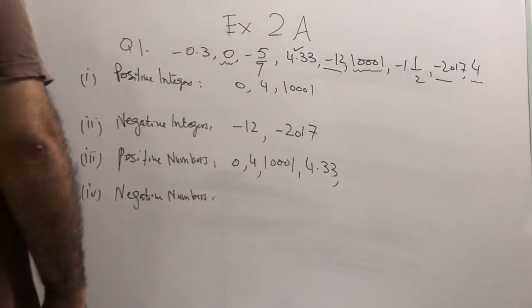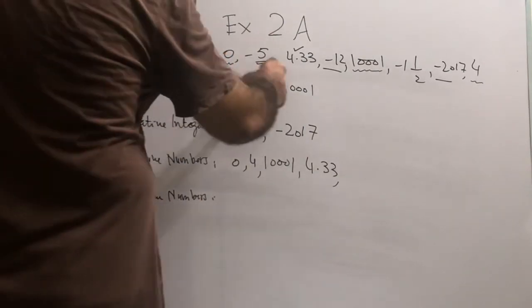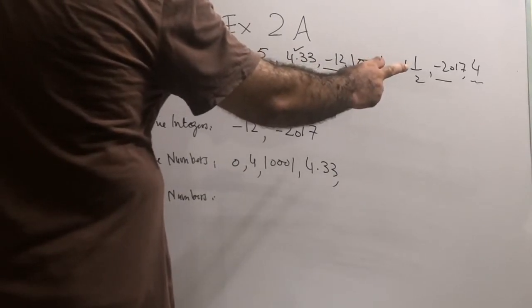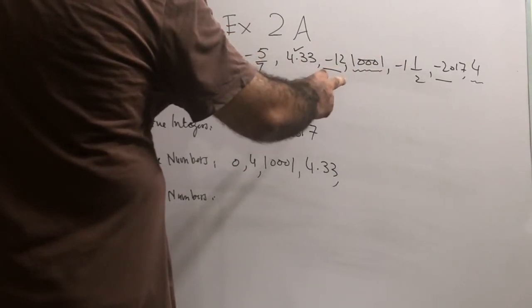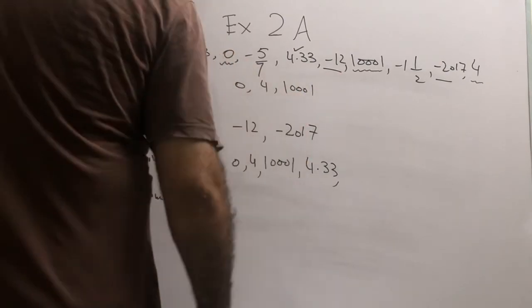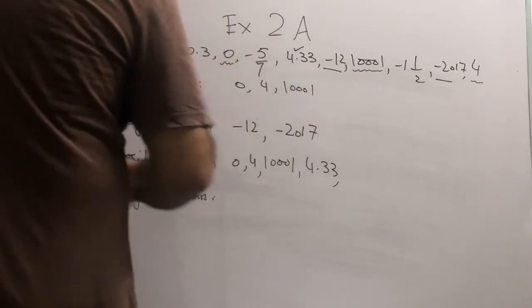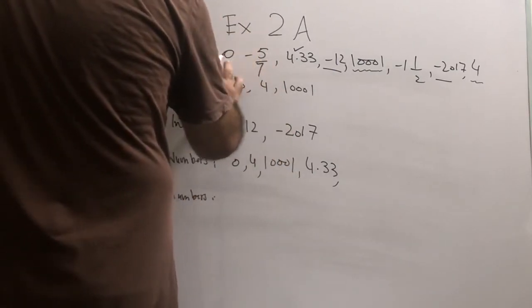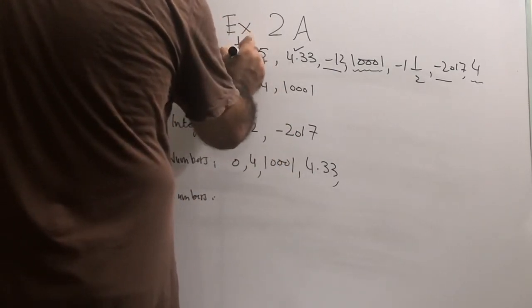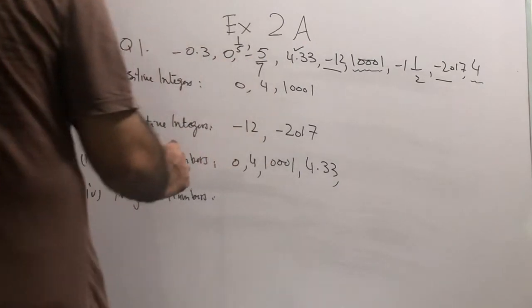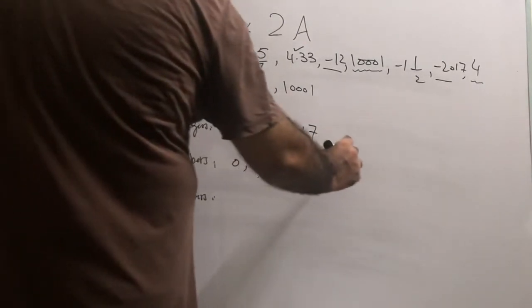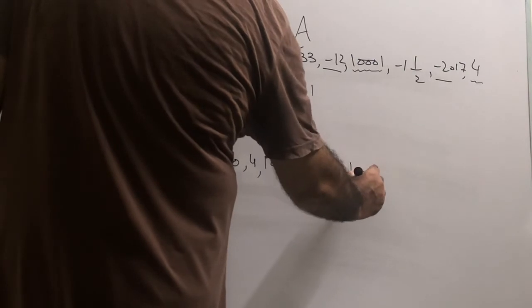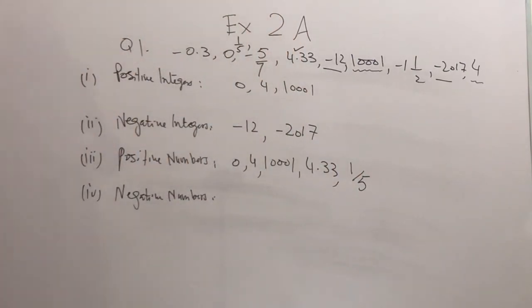Okay, so 0, 4, 1,001, 4.33. Here we have missed writing one number, that is 1 over 5. After 0 we have 1 over 5. So 1 over 5 will come here in positive numbers. Now we have 0, 4, 1,001, 4.33 and 1 over 5 as positive numbers.